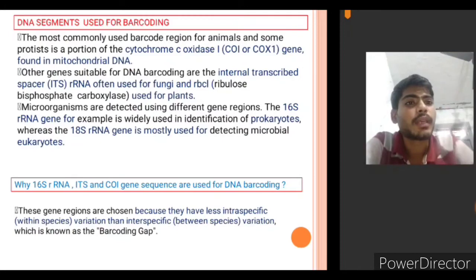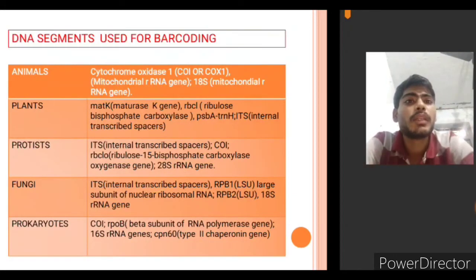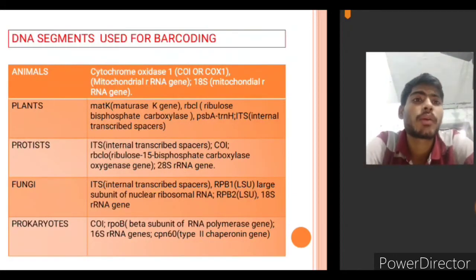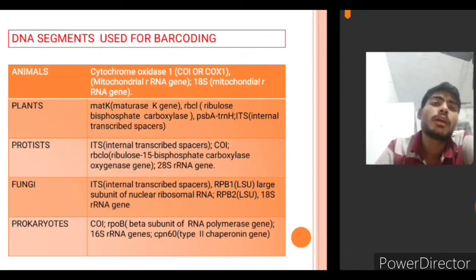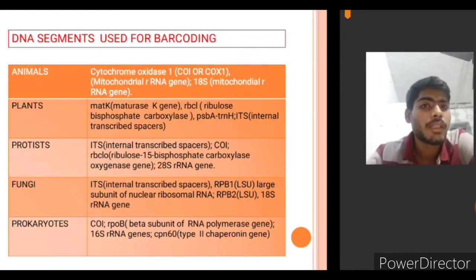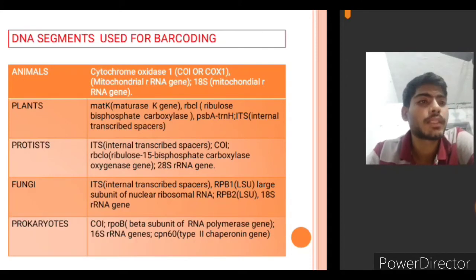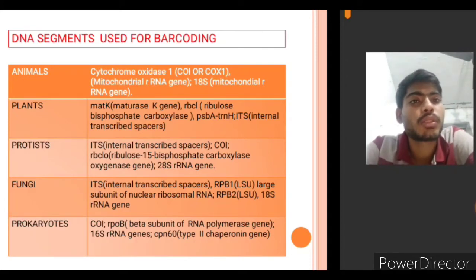Then we discuss the DNA segments used for DNA barcoding in tabular form. As you see on the screen, on the left hand side the organism names are represented. For animals we use cytochrome oxidase 1, as we already discussed, and 18S mitochondrial rRNA genes are also used for DNA barcoding.